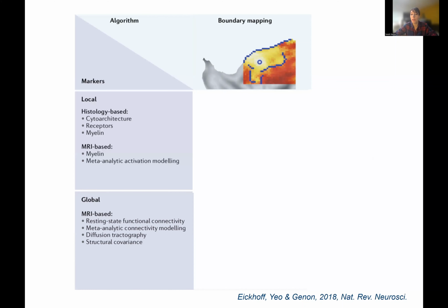This is what we see in histology-based work, but the other approach is a clustering or a factorization approach. In this approach, we look globally at the data and we decompose it into different clusters or factors that are assumed to represent different networks or brain regions or brain areas.